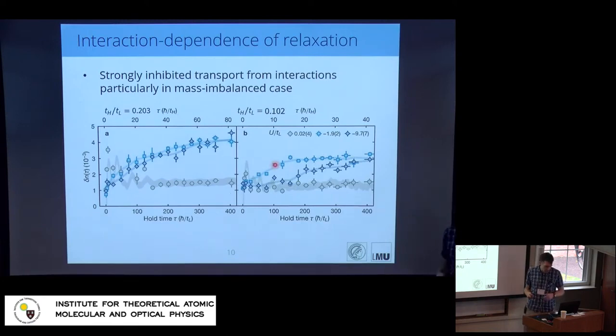Both are slowed down, but the effect is much stronger in the case with larger interactions. And that is expected in the sense that this exponential increase in the relaxation time comes from this particular interaction between the two orbitals, the two components in the heavy and light case.